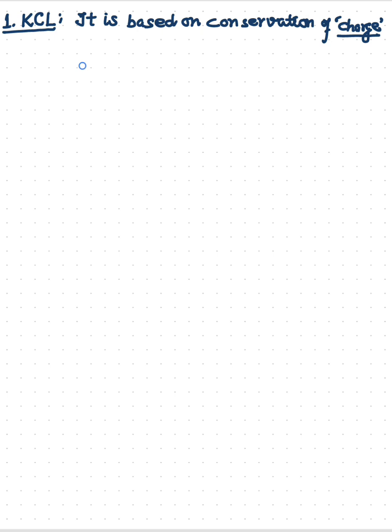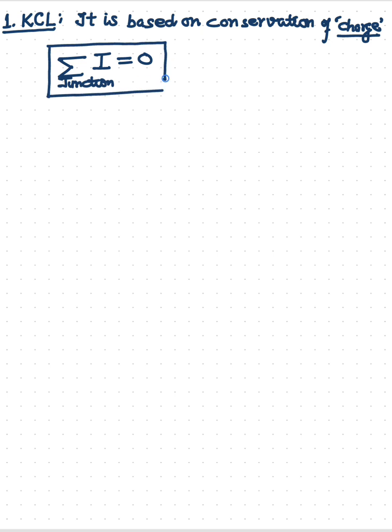Okay, and it states that the sum of all currents at a junction is equal to 0. Summation of all currents at a junction equals 0. Let me explain by drawing a circuit.